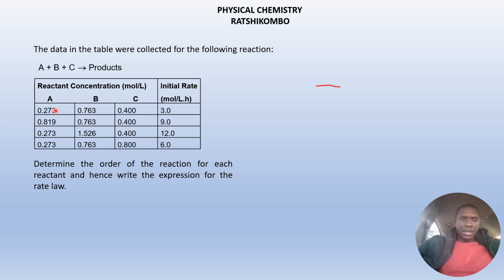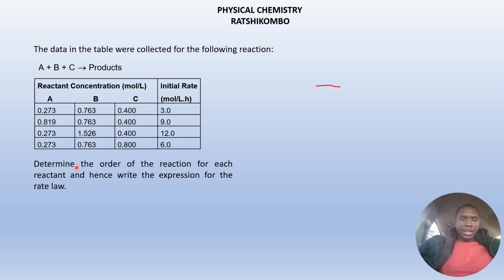This is the list of concentrations of A, this one here is the list of concentrations of B, and this one here is the list of concentrations of C. And then here, this one is the rates, or the initial rates.